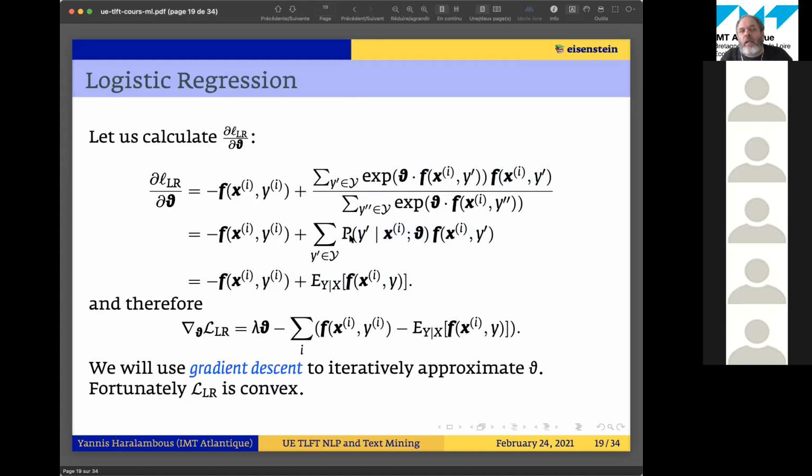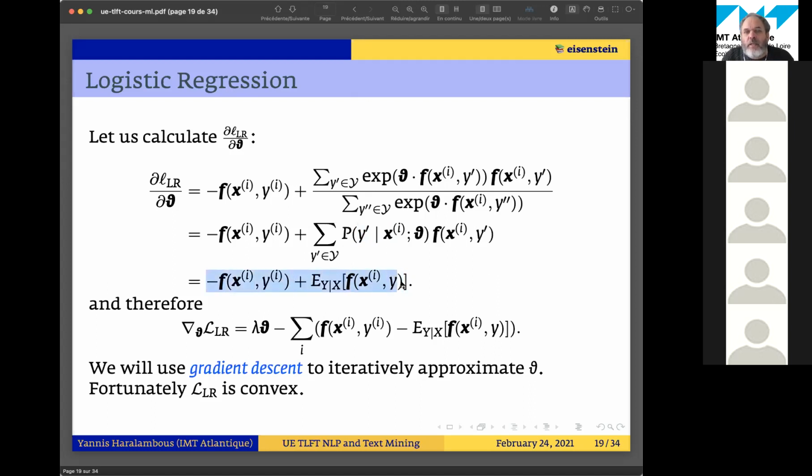And taking a probability of something multiplied by a function of this something for the same x is what we call an expectation. And here I have a conditional expectation because it's a conditional probability. It's the conditional expectation of the function f.